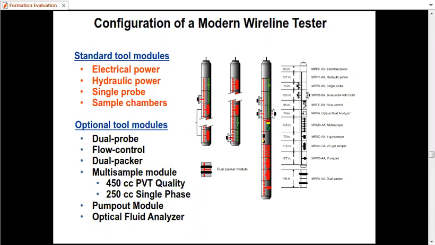The configuration of a modern wireline tester has standard tool modules: electrical power, hydraulic power, single probe, and sample chambers.